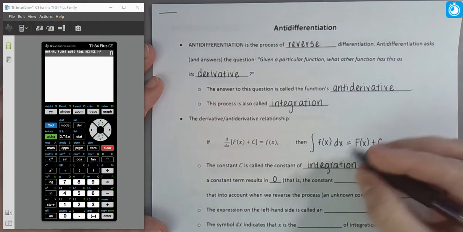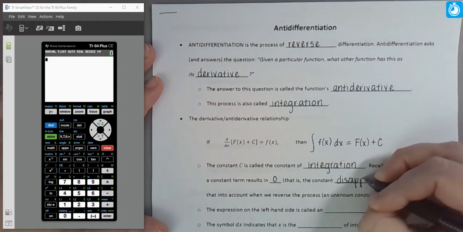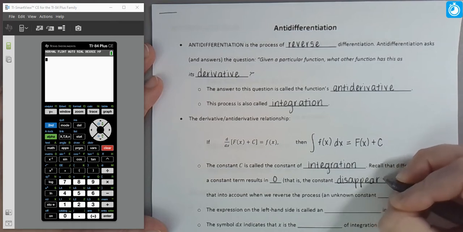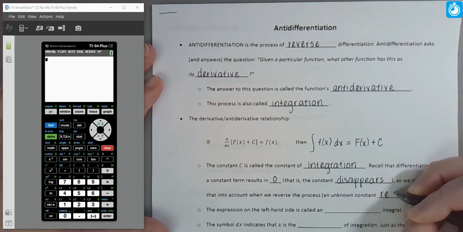In other words, the constant disappears. So we have to take into account that when we reverse the process, in other words, we anti-differentiate, we integrate, the unknown constant potentially reappears.